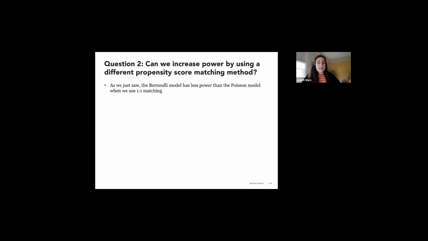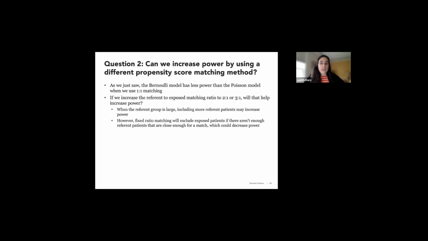A second question was, can we increase the power by manipulating our matching method so that we add more controls? One of the key features is that the Bernoulli-based tree scan method requires a fixed ratio match. It's really important to keep that in mind, because if you find a second match or a third match, you need to have second matches or third matches for everyone in your exposed population.